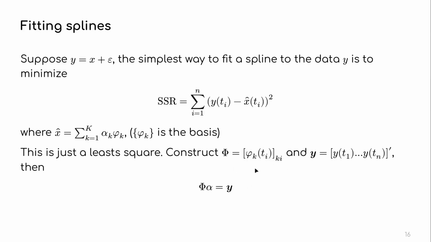I can construct my matrix by evaluating my basis functions at the sampling times, pull a vector, and then I find my coefficients by solving this linear problem on the bottom. And depending on the basis, I might be able to solve this linear problem very efficiently. And once I am solving it, again, there's plenty of high quality software for that, so it's an easy step.